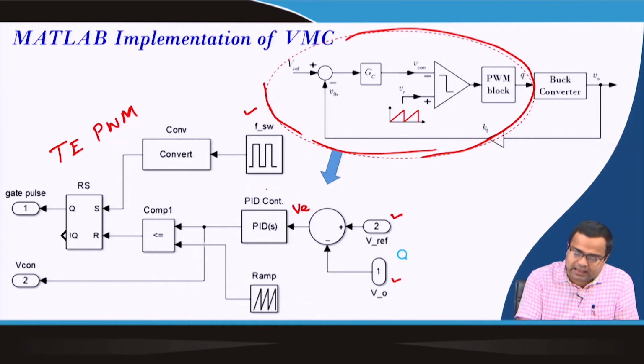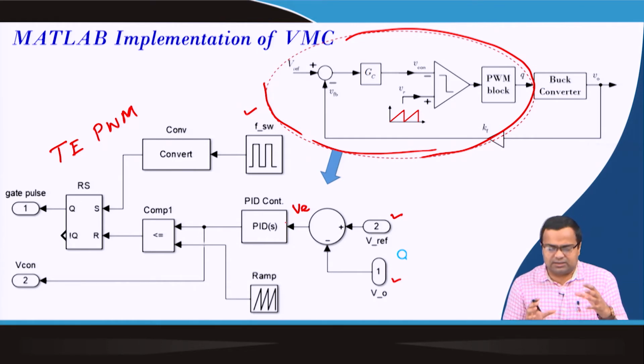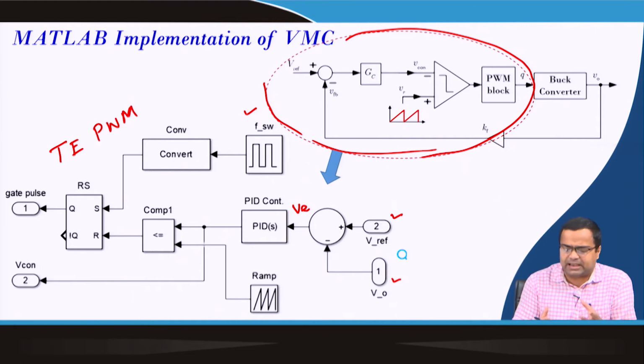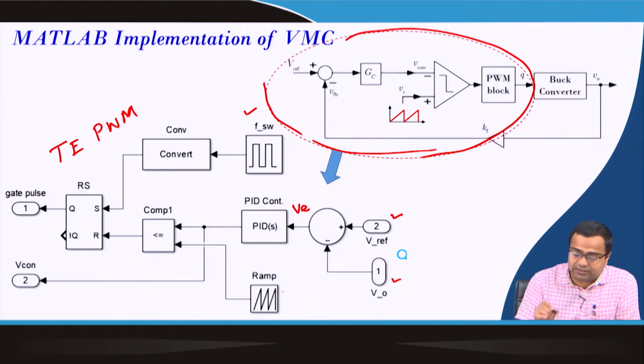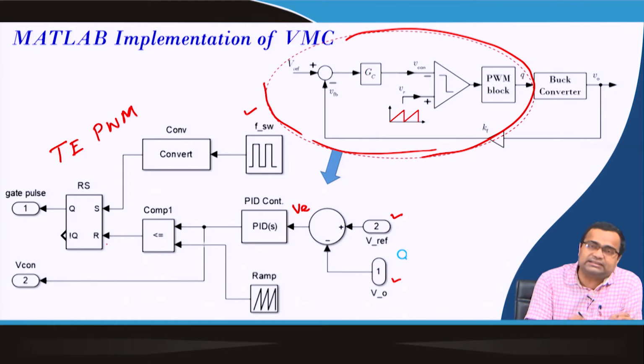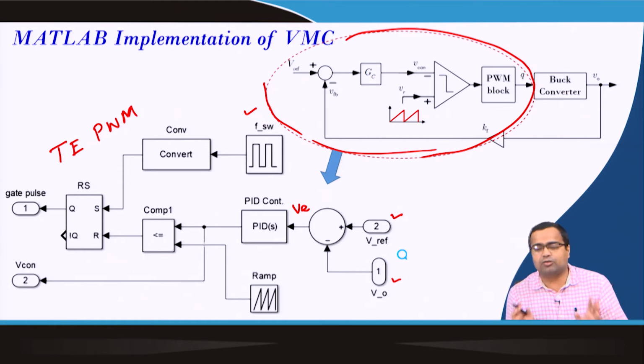I took here a standard PID controller, a default PID controller. I can separately implement this PID controller using a transfer function block from MATLAB, which I already showed in the previous class. And this is a ramp, whose base value and upper value I can customize, and this is compared, and the comparator output is used to reset the pulse, that means turn off the switch.